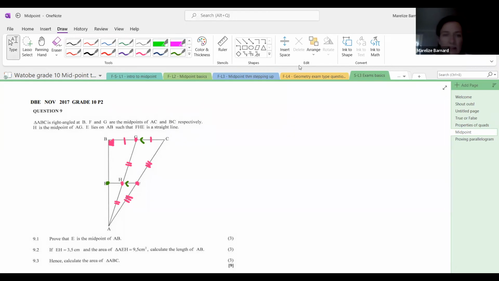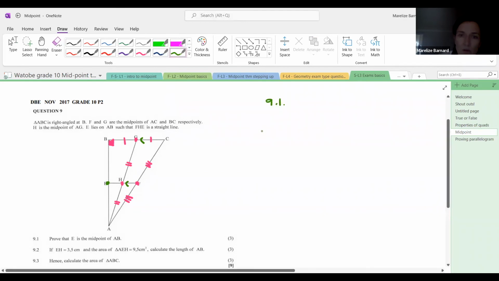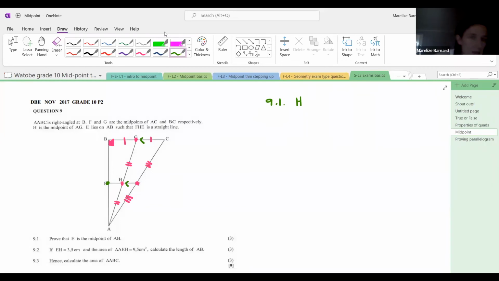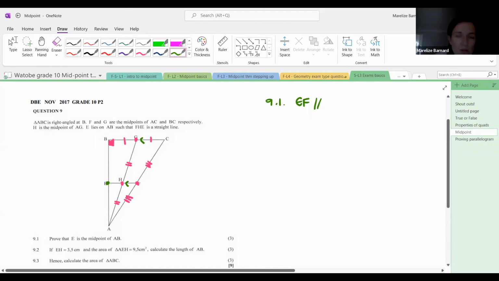Okay, so let's write down that whole answer for 9.1, the answer that will give you all your marks. The first thing we need to say is that HF, or even let's make it EF, it's the same line, you write EF parallel to BC. And that's because of midpoint theorem.